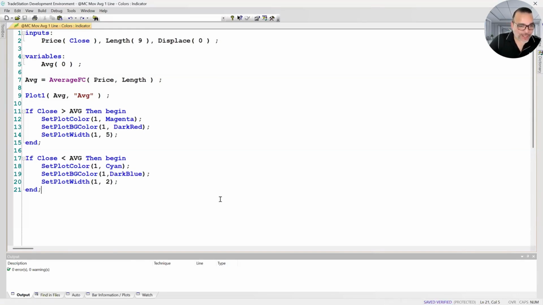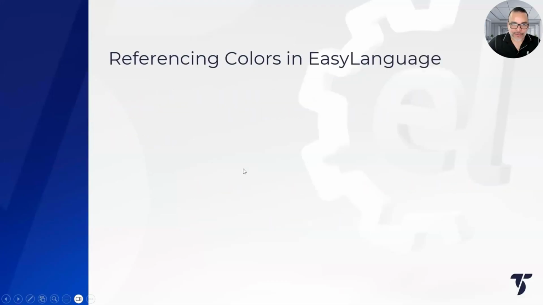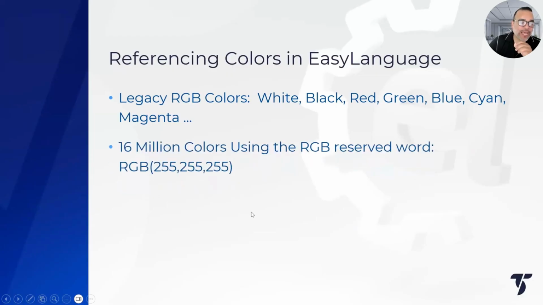If you wanted to use other words, let me go back to my PowerPoint because I think I go over it here. So, referencing colors in EasyLanguage. We have the legacy RGB colors. These are the ones that I just showed you: white, black, red, green, blue, cyan, magenta. You get access to the 16 million colors using the RGB reserved word, and then you supply the 3 numbers. Let me show you where those numbers are.